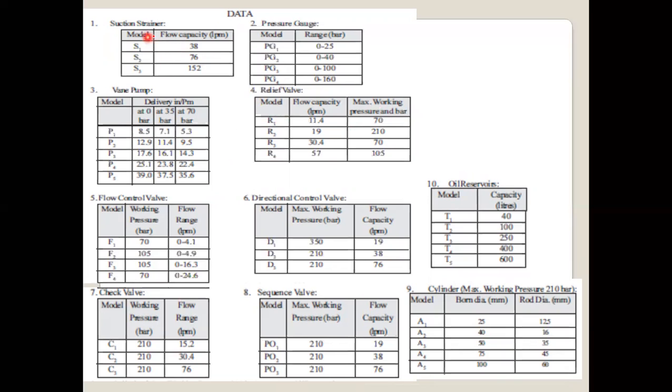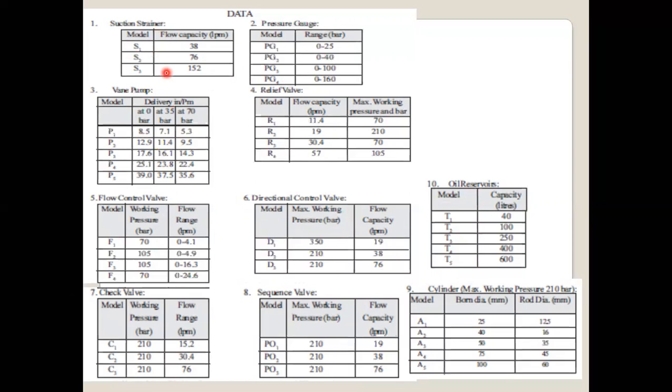Here the different components' specifications are given, like strainer, pressure gauge, vane pump, pressure relief valve, flow control valve, check valve, sequence valve, direction control valve, then cylinder and oil reservoir. All their specifications are there. We have to select from here only.